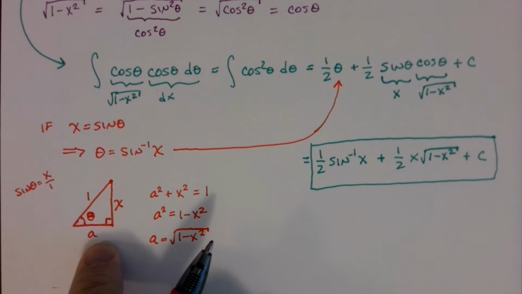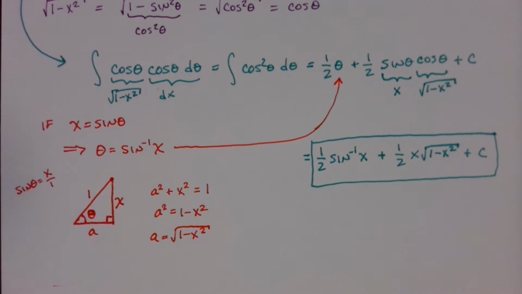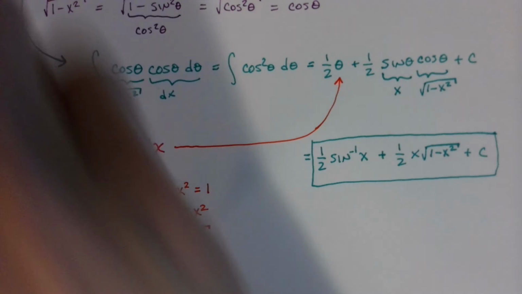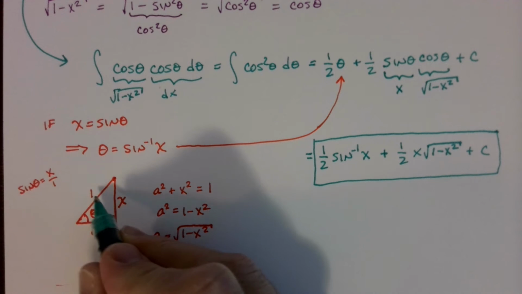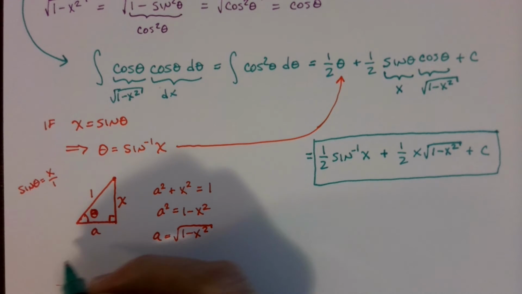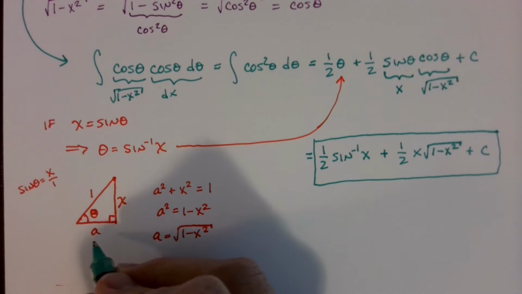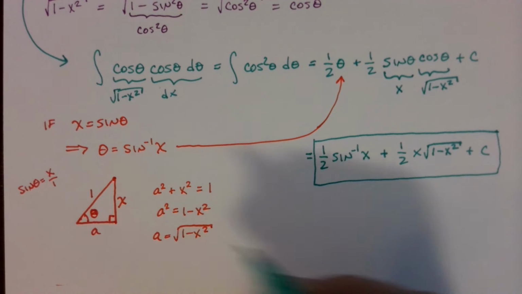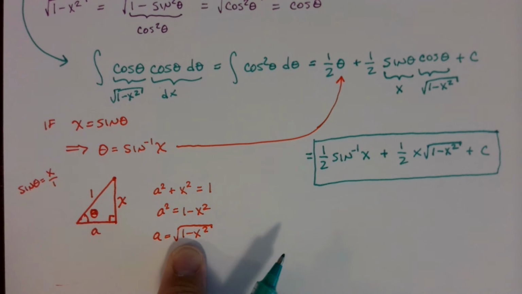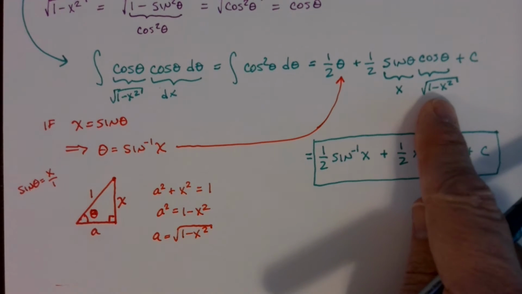And notice now I can use my other trig ratio identities. In other words, sine is opposite over hypotenuse. Cosine is what? Adjacent over hypotenuse. So that's a over 1. So cosine of theta is just a. Cosine of theta is the square root of 1 minus x squared, which is what we already knew.